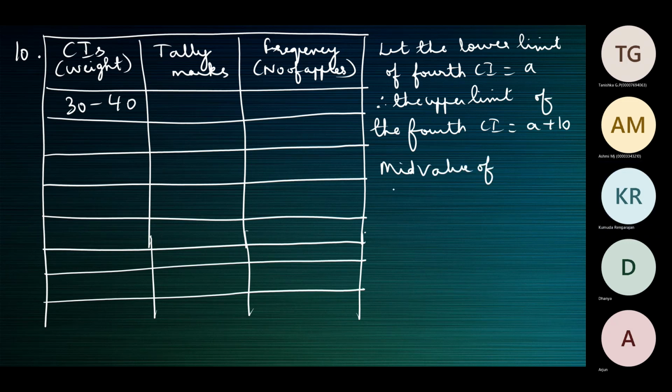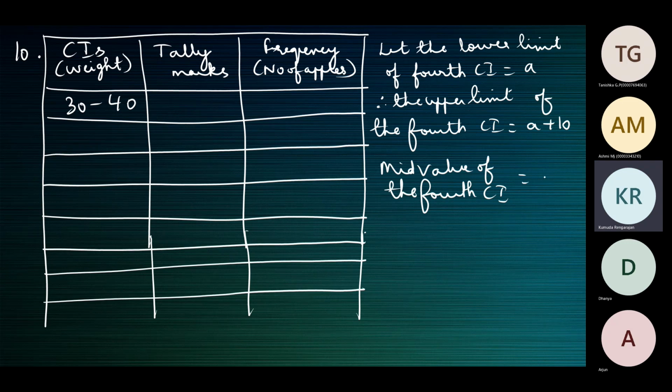Now the mid value of the fourth class interval is equal to how much, Danya? Upper limit plus lower limit by 2. How much is the mid value of the fourth class interval given? Ma'am, I got A is equal to 60. No, Danya. What is the value given?